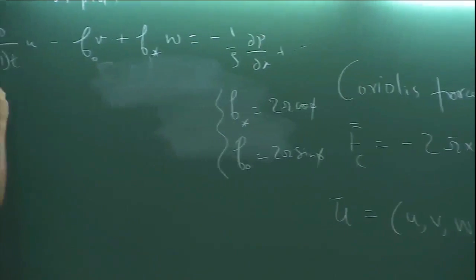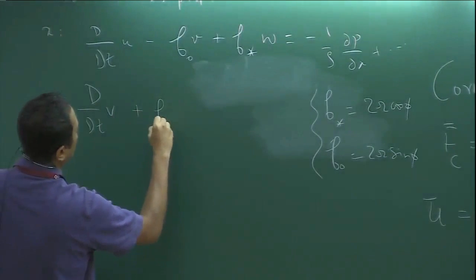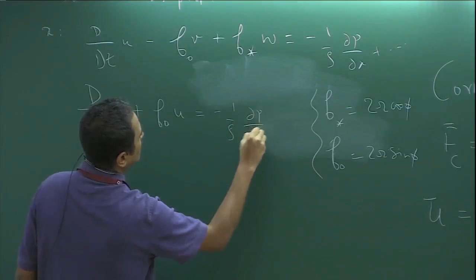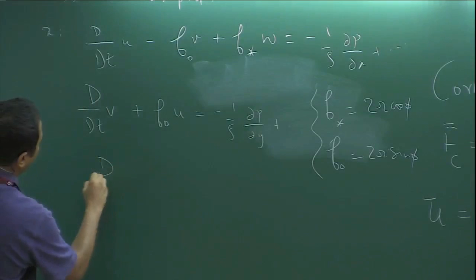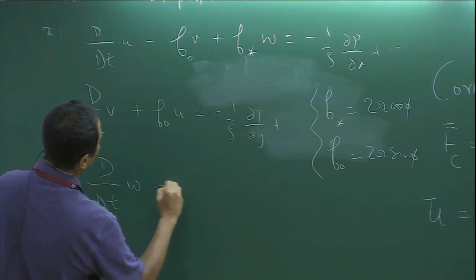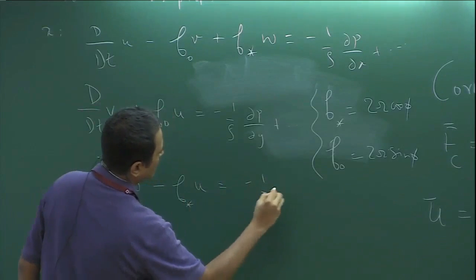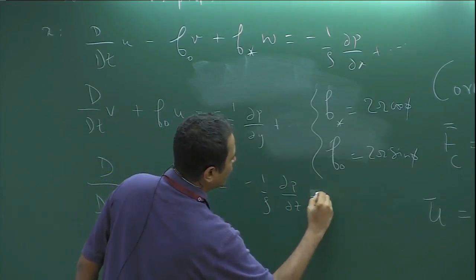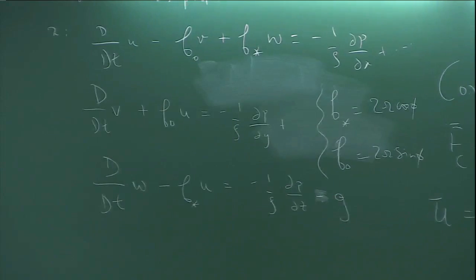And similarly for the v equation, you will get the corresponding terms, plus if you have some dissipative terms, and in the vertical direction, of course here you will have a g and so on, because you have the force of gravity acting downwards.